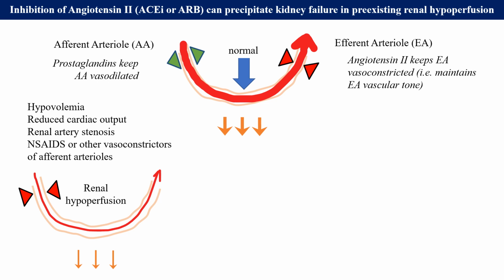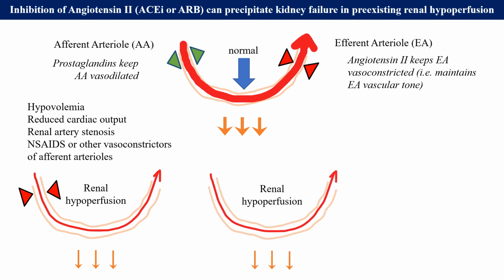Now, if we use an ACE inhibitor or an ARB in a patient with pre-existing renal hypoperfusion, we dilate the efferent arteriole because angiotensin II normally keeps it vasoconstricted. The intraglomerular pressure will now be further reduced. This leads to reduced glomerular filtration.